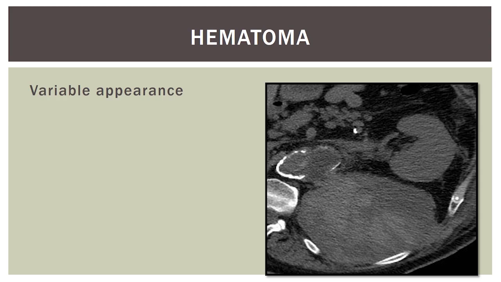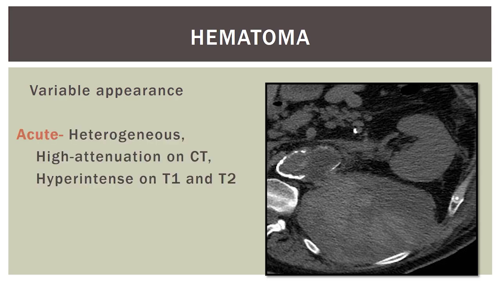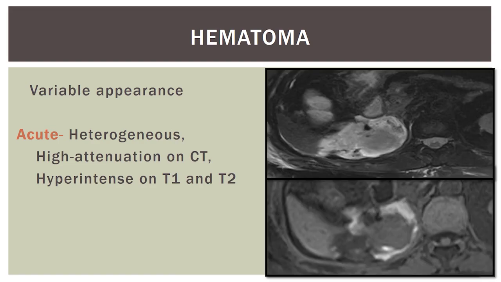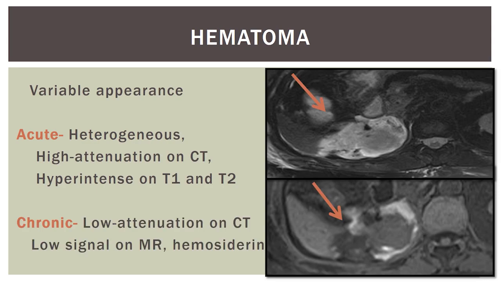We are all familiar with the appearance of the hematoma that's heterogeneously hyperattenuating on CT. In the acute phase, it is high attenuation on CT and hyperintense on T1 and T2 MR. In the chronic stage, it's low attenuation on CT and low signal on MR due to the presence of hemosiderin.